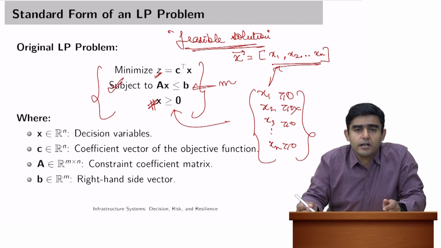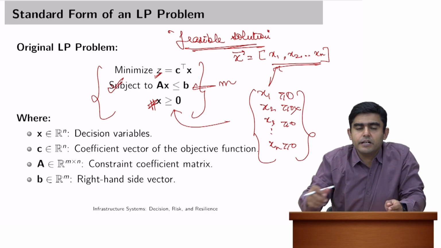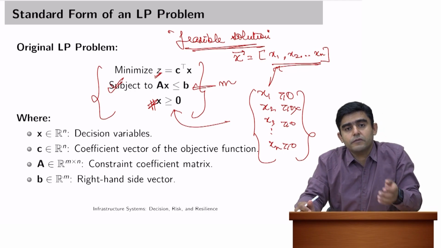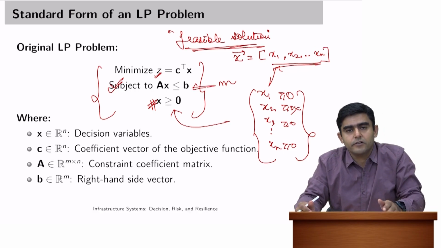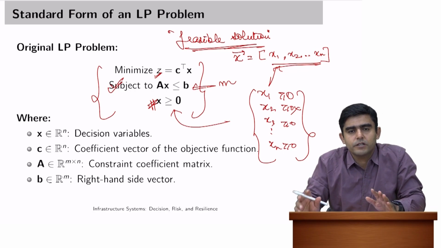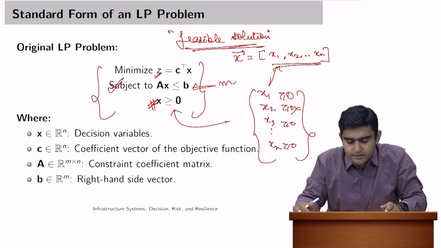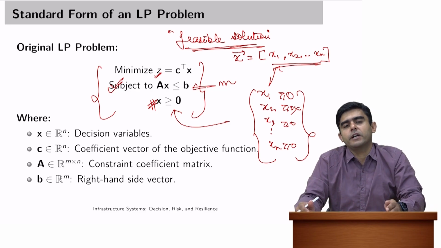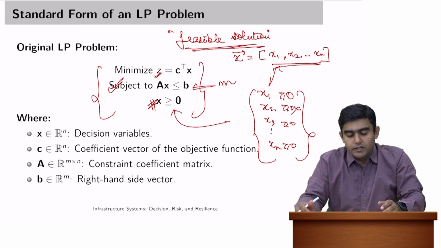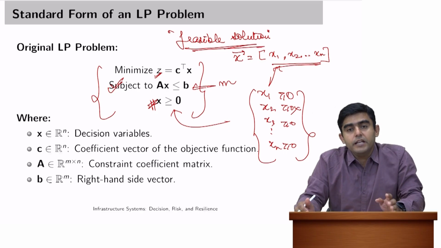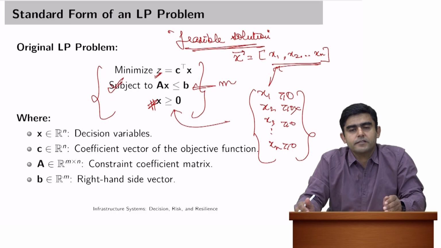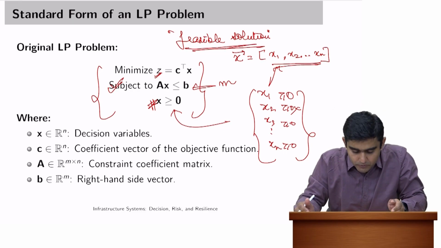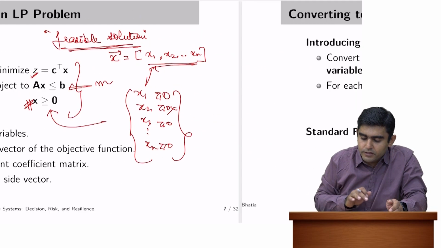If a situation arises where your variables are indeed less than or equal to 0, we also have a way to work around that and convert them to positive values, but we will worry about those special cases later. But the point that I'm trying to highlight here is that we can express any linear optimization problem in standard form by certain mathematical operations that we will learn in our subsequent discussions.